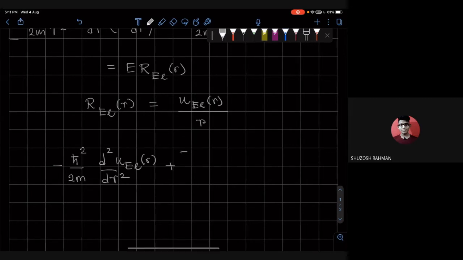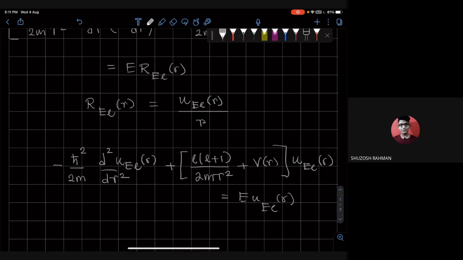And then we have the angular momentum dependent term, and then we have V of r, and this is multiplied by u_EL of r, and that's equal to E times u_EL of r. So the left-hand side now looks like the Schrodinger equation. The whole equation looks like a Schrodinger equation for a one-dimensional system, but with an L-dependent potential.